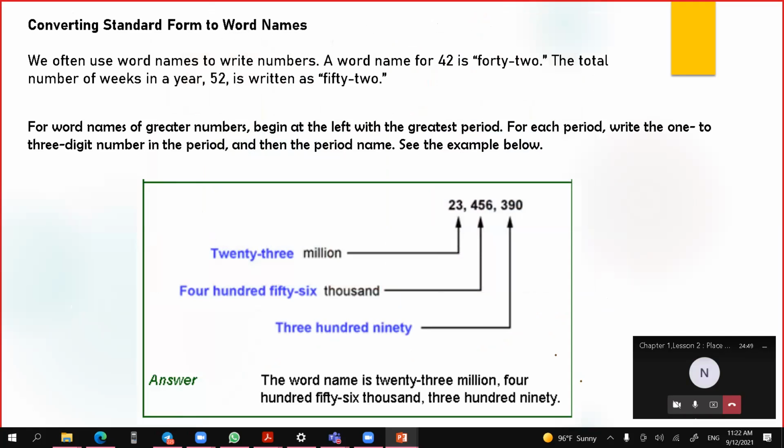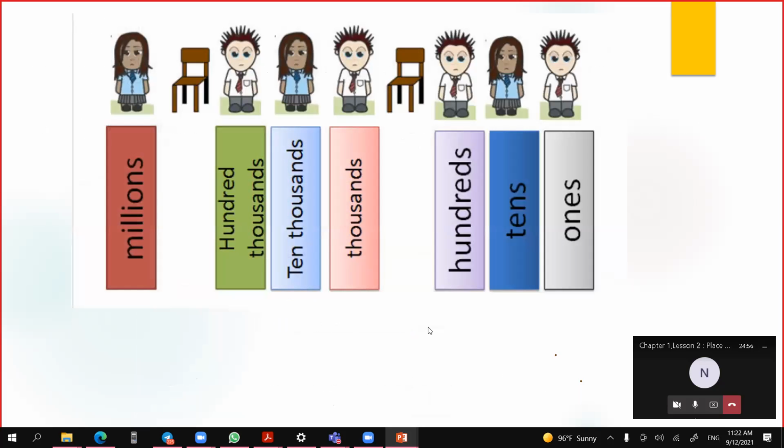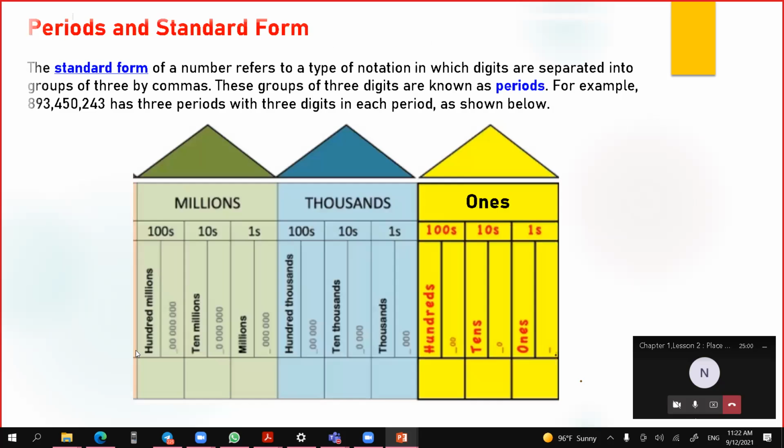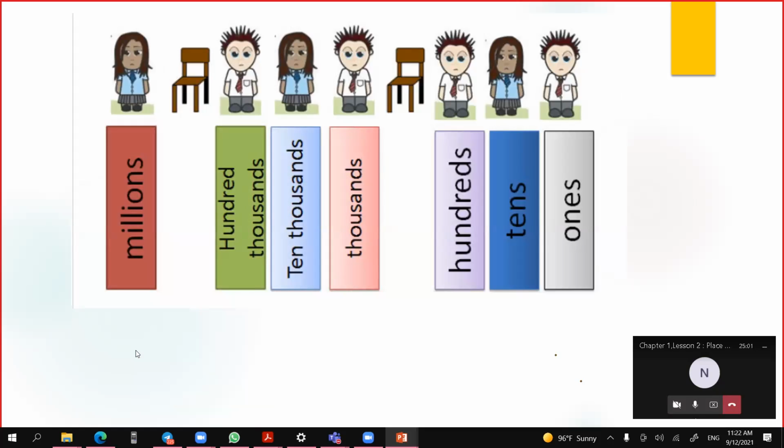What you didn't understand? Miss, chairs here means like if you have this number here. Now, if you have this number, as I told you before, you have to count 1, 2, 3. After 3 students, put a chair.